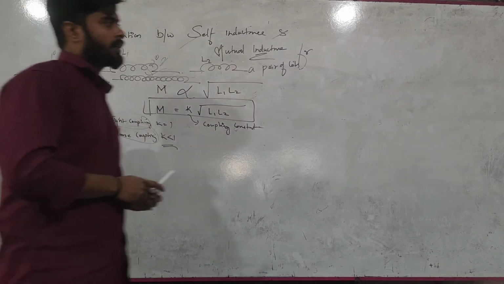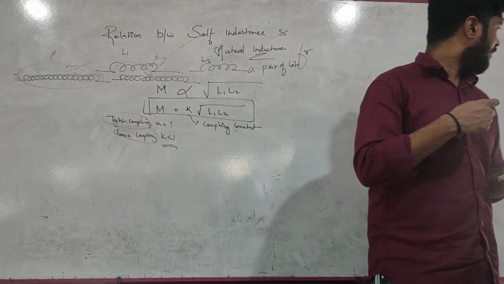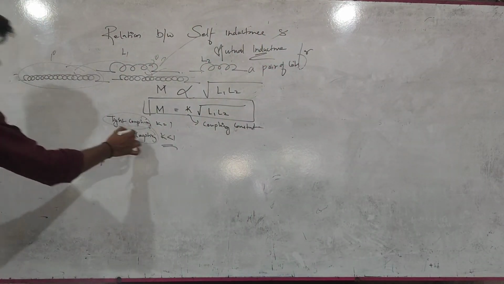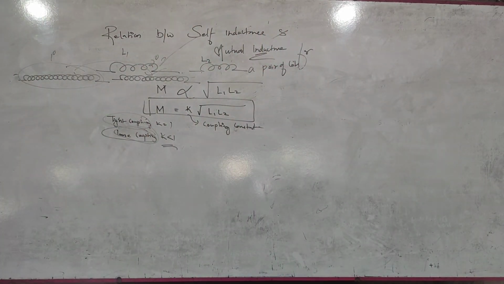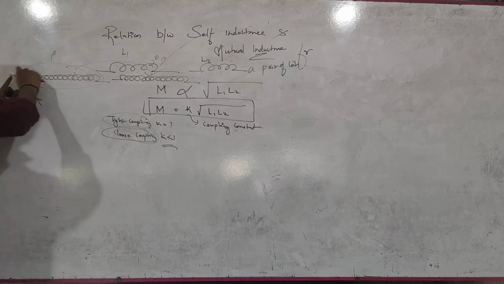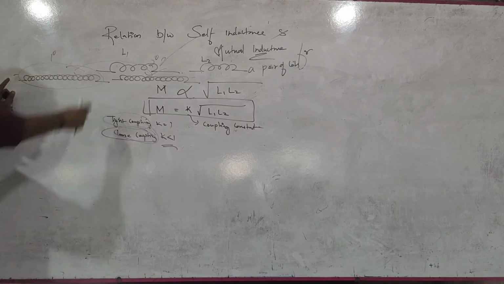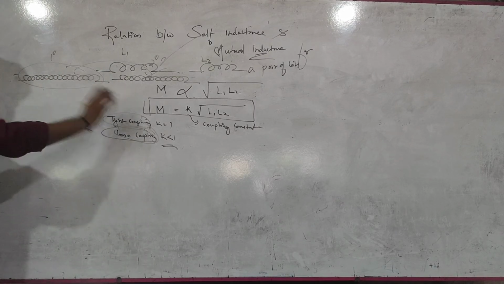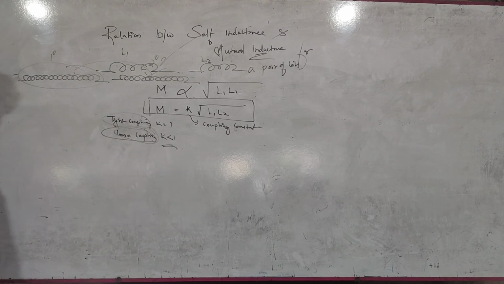If you are winding the coil in just a normal manner, in a loose manner, then we will call it loose coupling. Clear? But if you are winding the primary and secondary coils very tightly or very closely to each other, we call such coupling tight coupling.